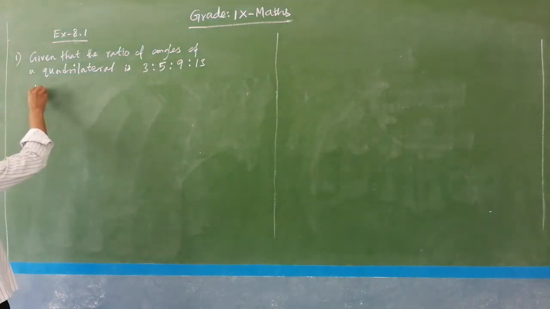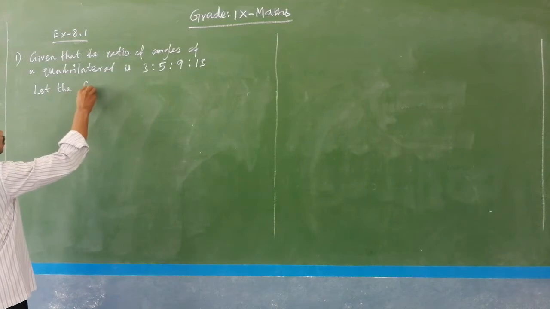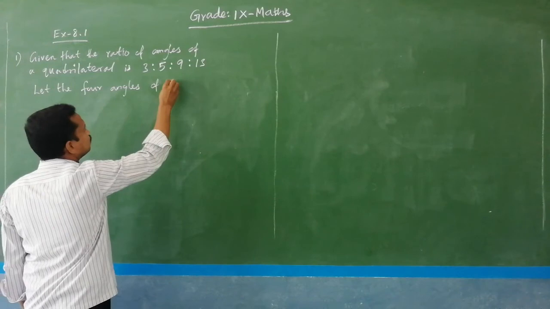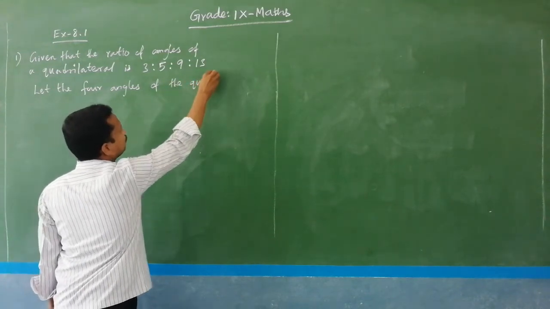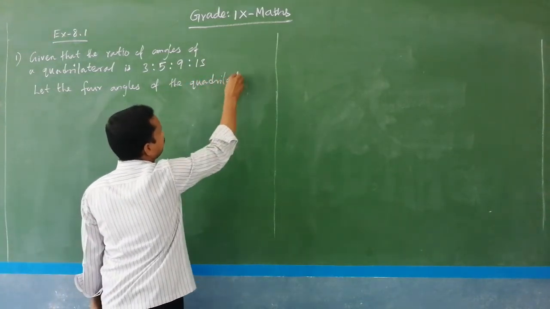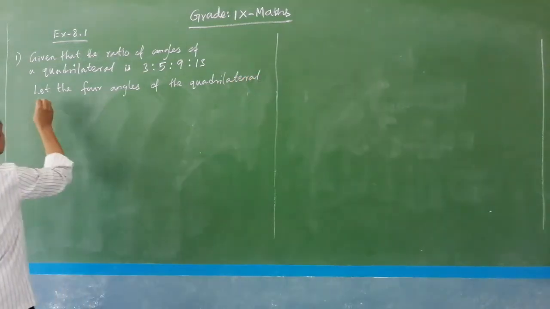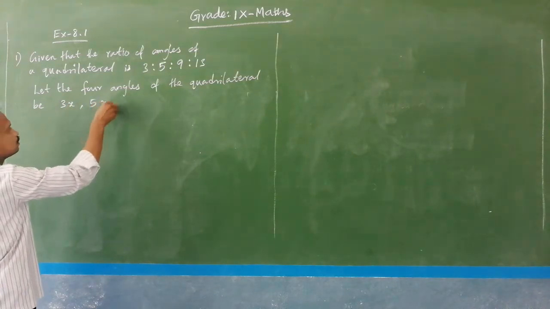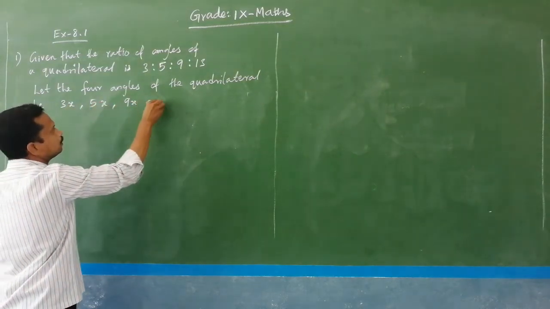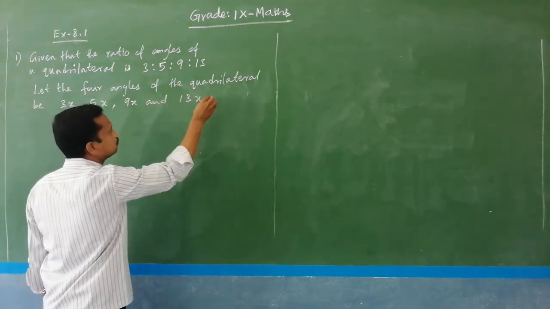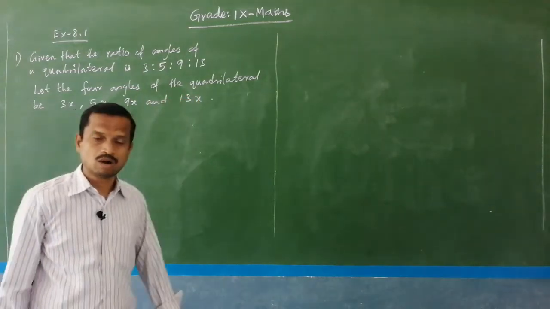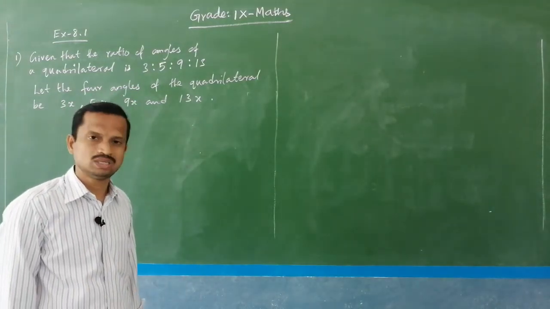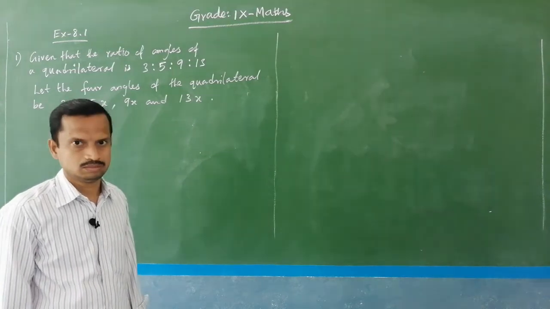Let the 4 angles of the quadrilateral be 3x, 5x, 9x and 13x. x is the common part, the common ratio multiplied with all the given numbers in the given ratio.